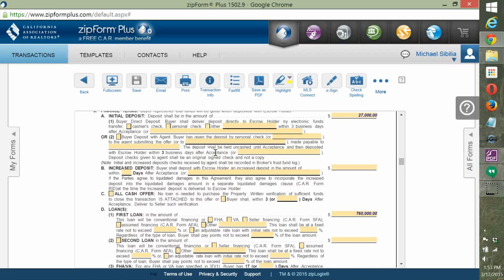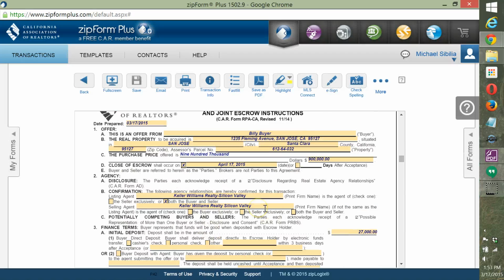And then when we get to this section, notice it's automatically put our name in twice. So what we do is we just check both the buyer and seller and check again both the buyer and seller. Does everybody understand? I've had people say, well, why can't we just get rid of the second one and uncheck it?